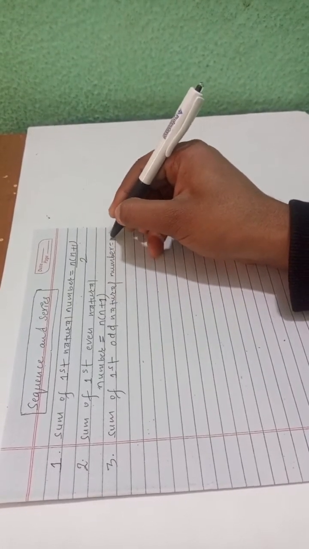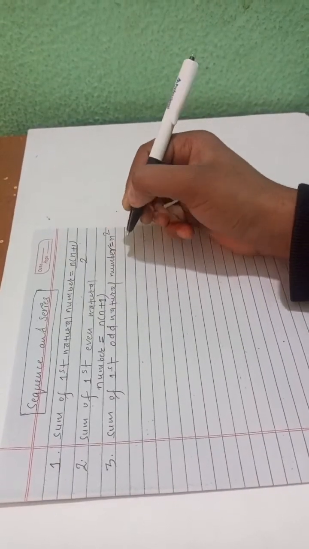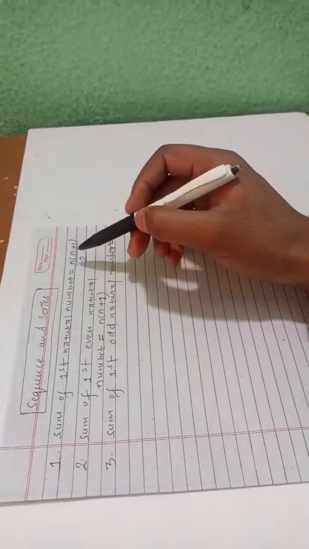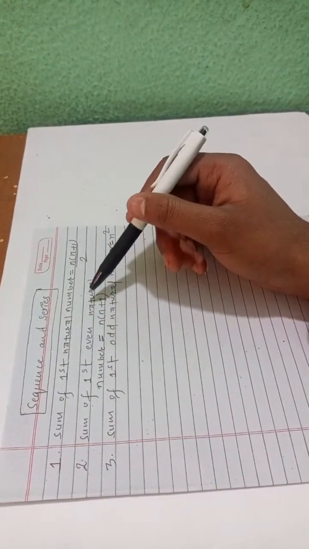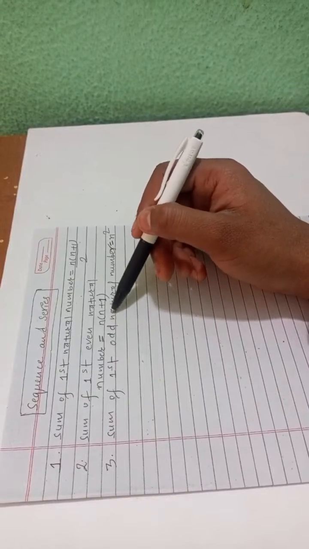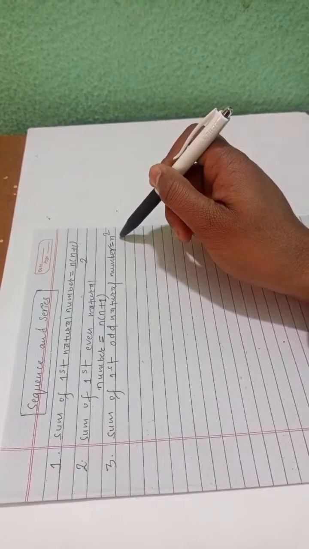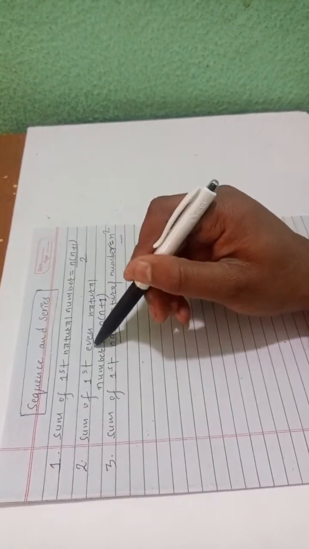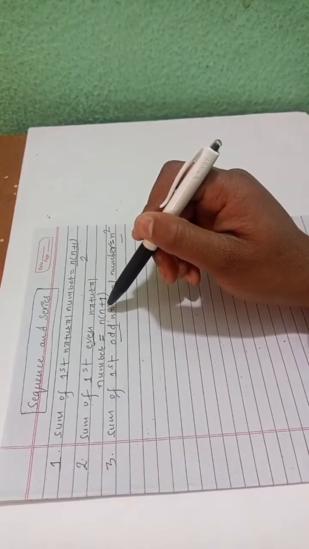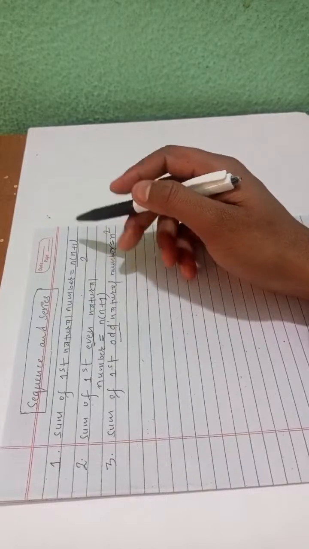You have to do a square only. Understand these formulas: the sum of first natural numbers is n times n plus 1 divided by 2. The sum of first even natural numbers is n times n plus 1. The sum of first odd natural numbers is n square. The odd one is directly a square, the even one is n times n plus 1, and the first natural numbers is n times n plus 1 divided by 2.